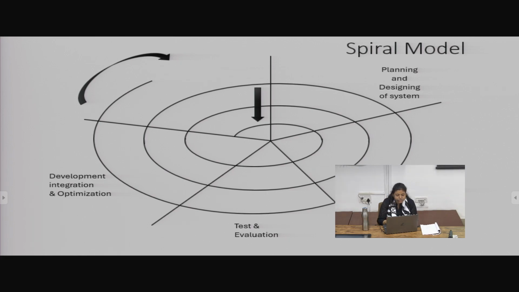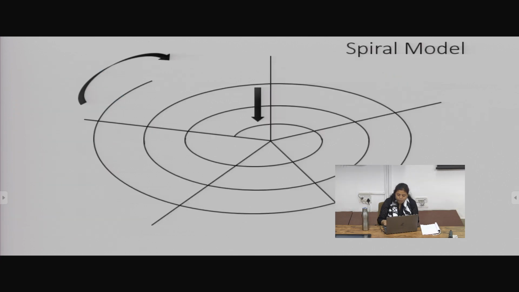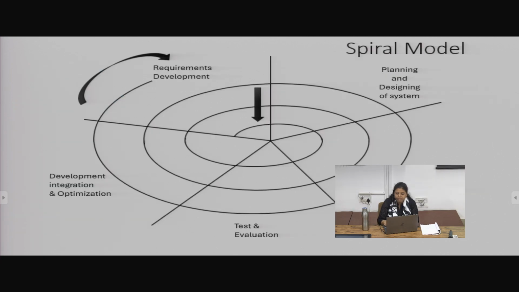While in the case of the waterfall model, if you go back and look, all the system requirements must be completed in the first phase. Then only the whole complete designing and planning will be started. While in the case of a spiral model, requirements come up one by one, and before those particular requirements, planning, designing, system configuration and other things are slowly getting developed.